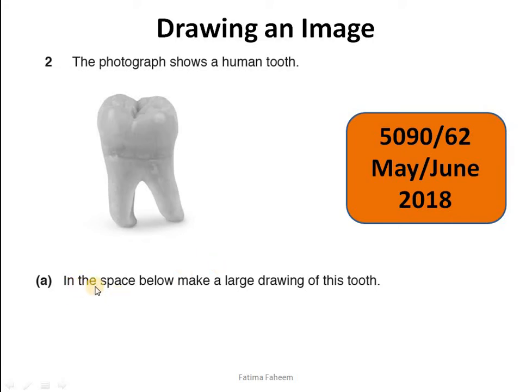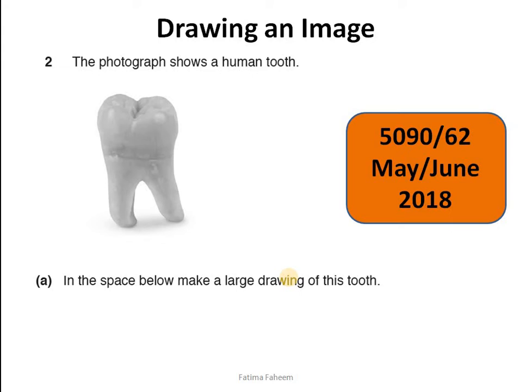You are being asked to make a large drawing of this tooth in the space provided below. I'm just giving you the reference of the question. So whatever space is given, just draw your diagram there and make sure that you use approximately 75% of that space.